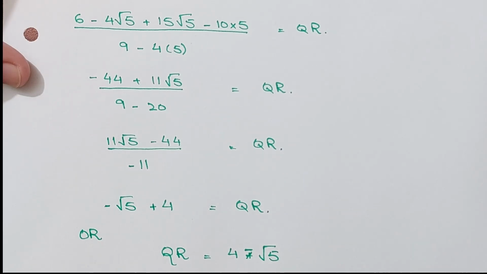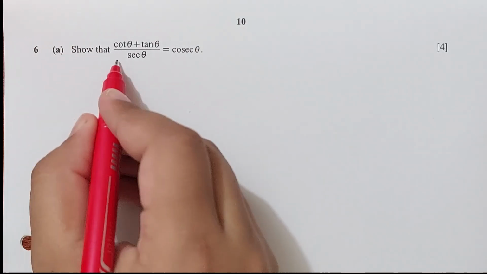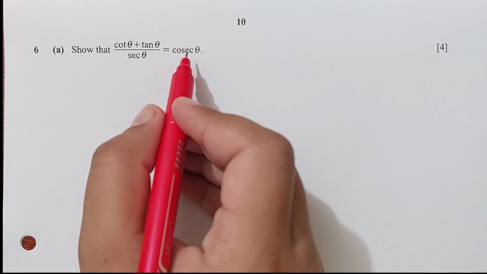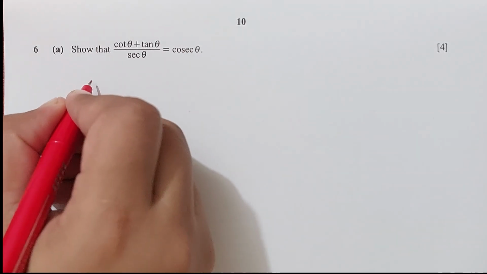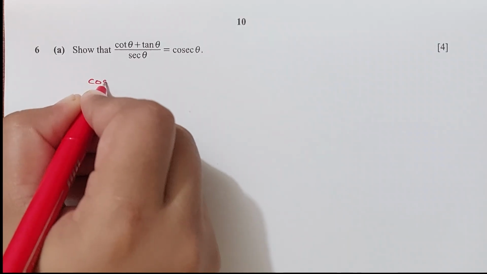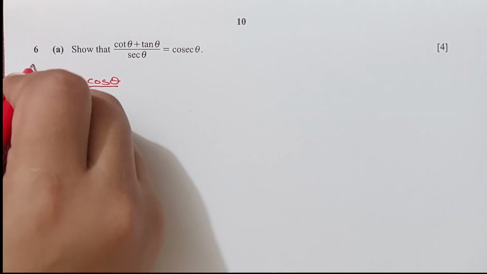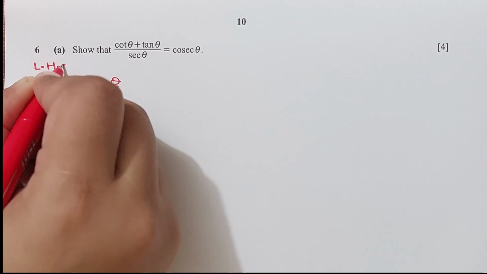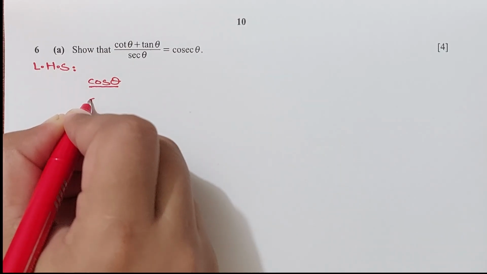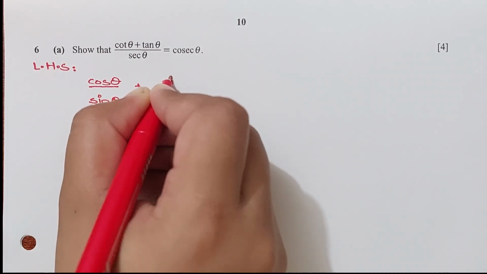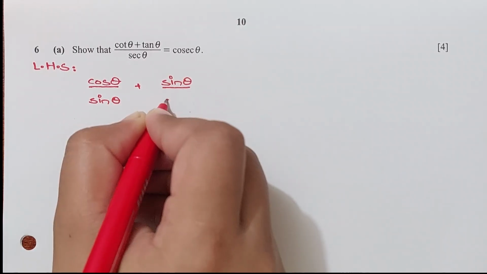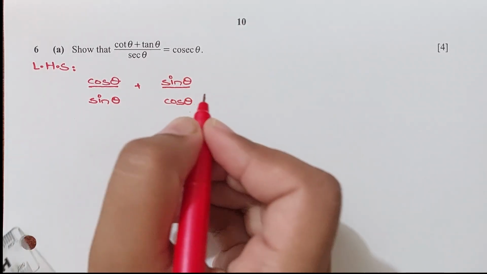Question number 6, part A, show that the left hand side equals the right hand side, right? Okay, so let me open. Cot is cos over sine, cos theta over sine theta. I'm solving from the left hand side. Tan is sine theta over cos theta, right?